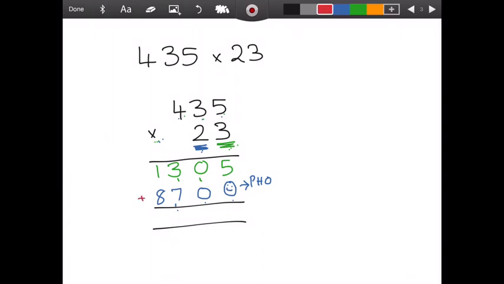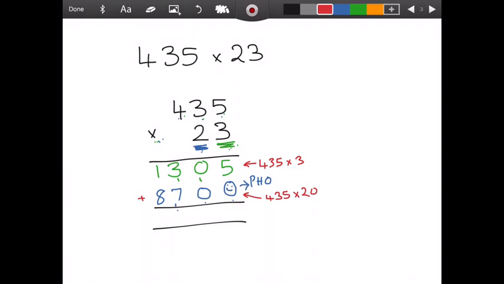The last step is to add these together. The first row in green is representing the 435 times by 3. The second row in blue is representing 435 times by 20.